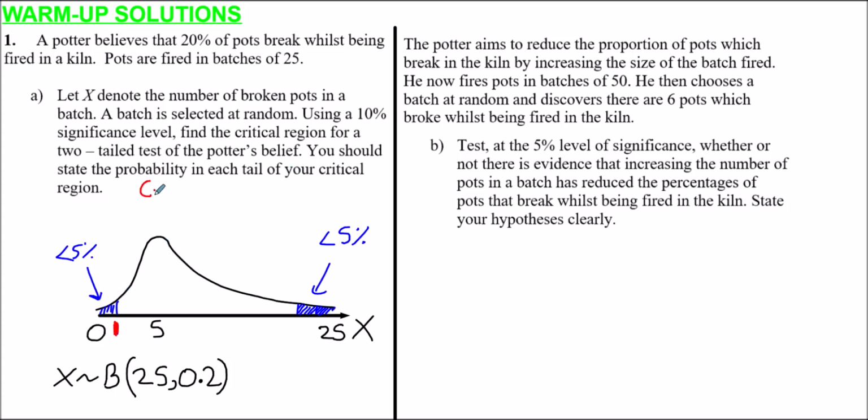So I'll write that down. Critical region is x less than or equal to 1, but also we're going to have a critical region here. So at the other end, as the curve increases in terms of proportion of the curve, here's about 50% of the curve, 60, 70, 80, 90, we want to find the cutoff for where 5% of this curve is.